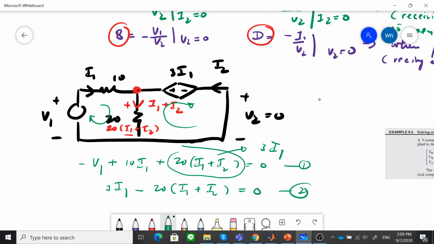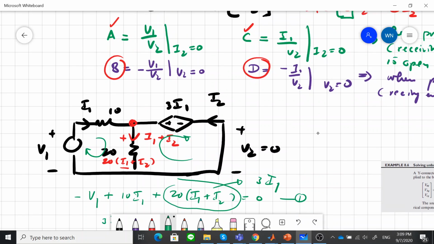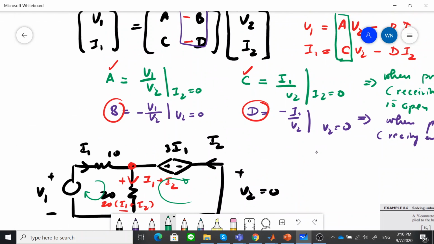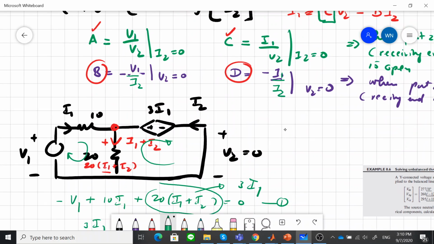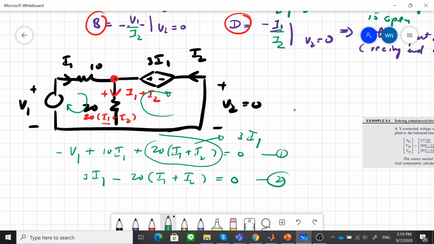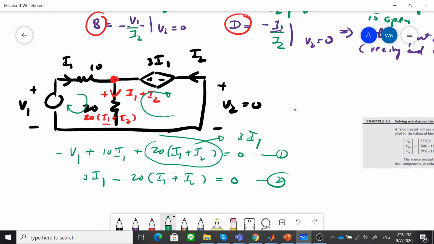Did I make a mistake? Oh, I'm sorry. This is wrong, right? V2 is 0, so you have to change this to be divided by I2. This is wrong because when we set V2 to be 0, this is not right.